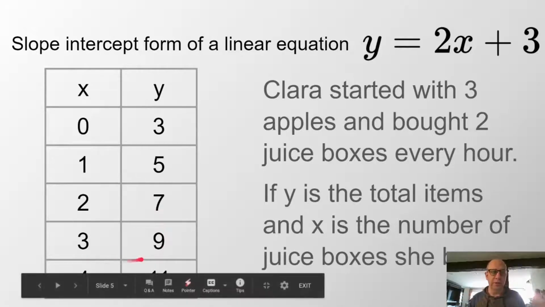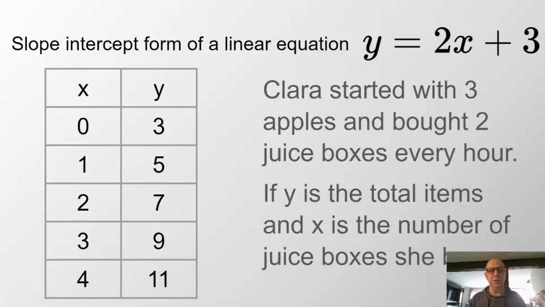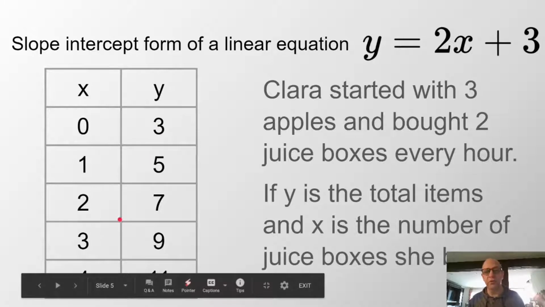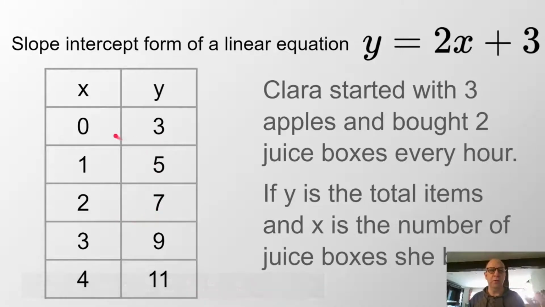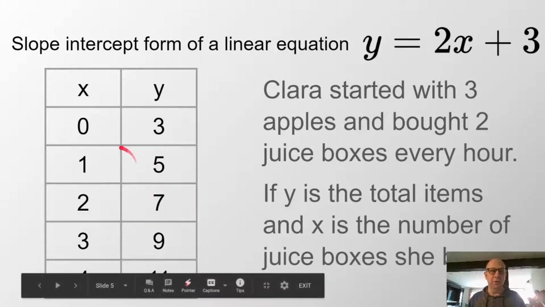And it works if I skip points. So down here, 9 minus 3 is 6, and then 3 minus 0 is 3. So I have 6 over 3, and that reduces again to 2. So it doesn't matter which 2 points you choose. If you subtract the y's over the x's, you will always get the slope.